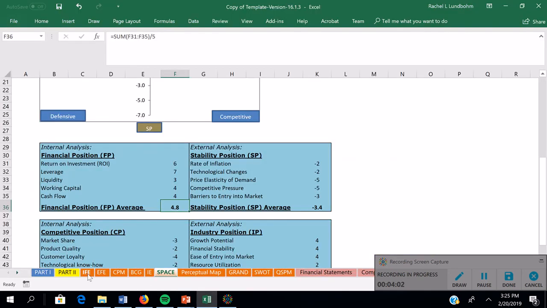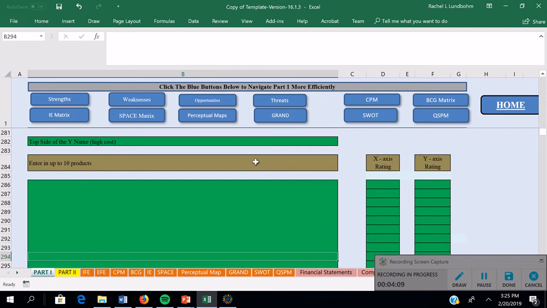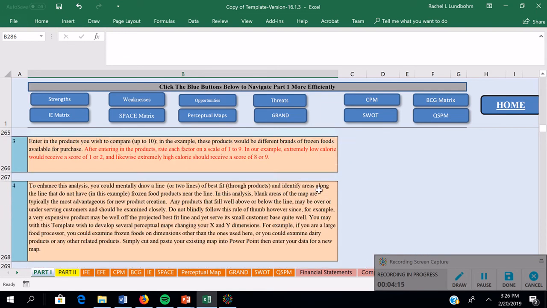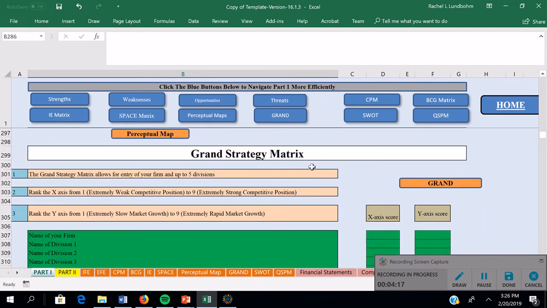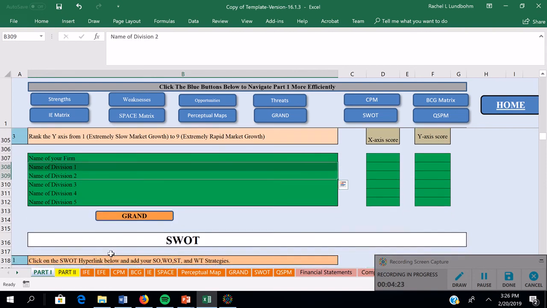Now, if you wanted to, you could go to this tool and use the grand strategy tool. All you're doing is you're going on here and you're saying the name of your firm and then the various divisions.